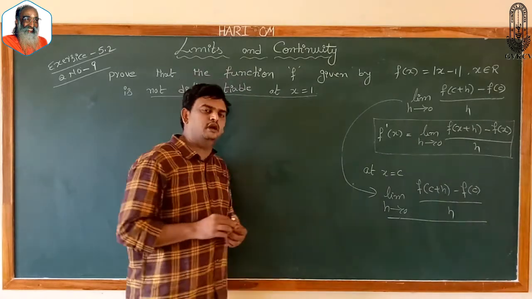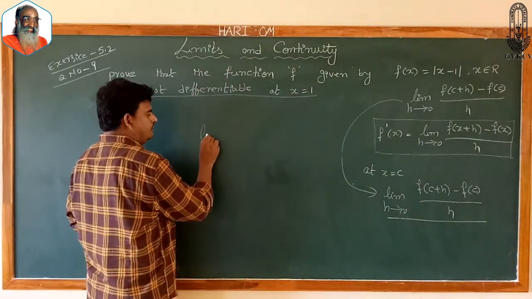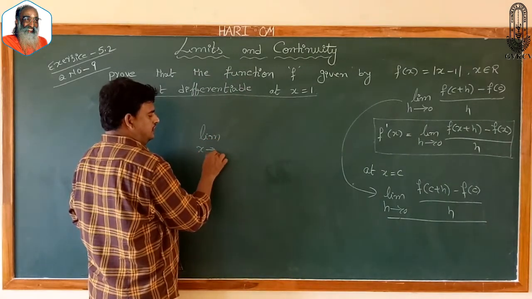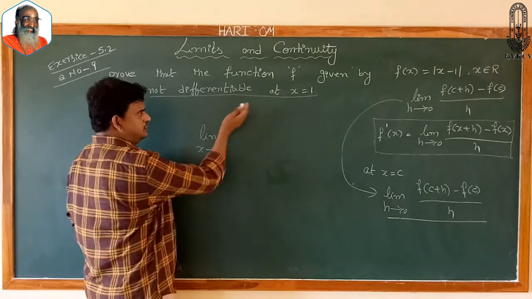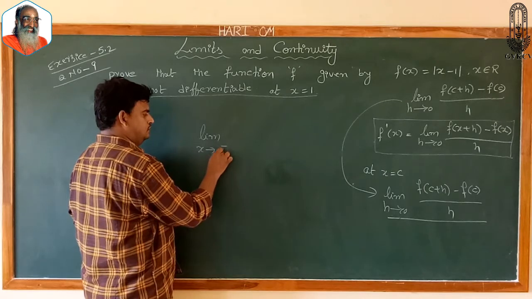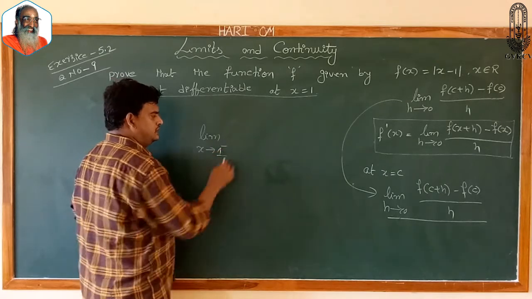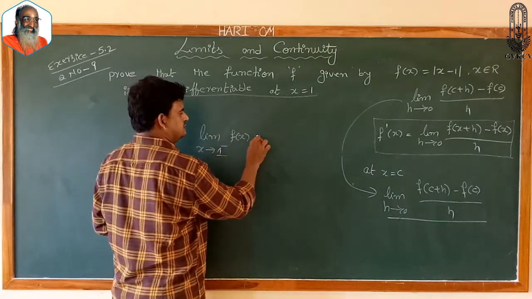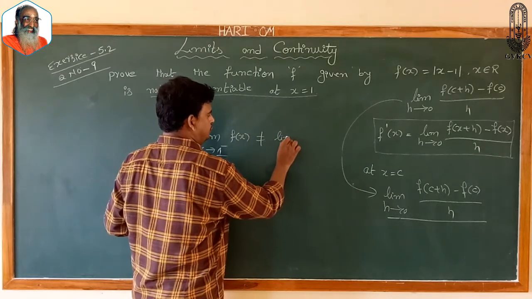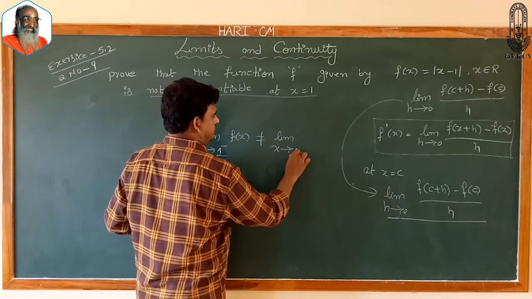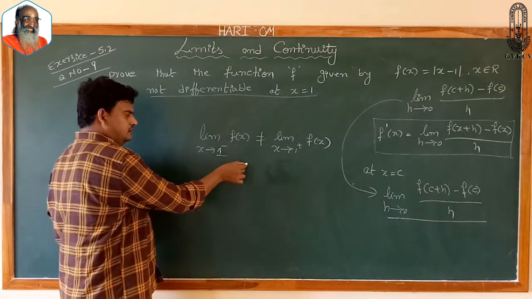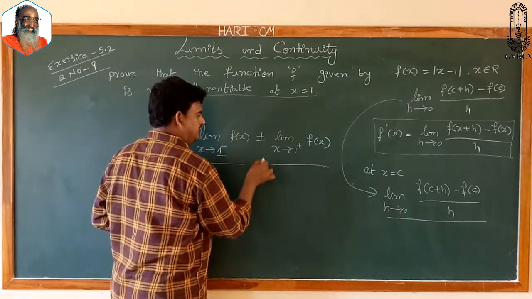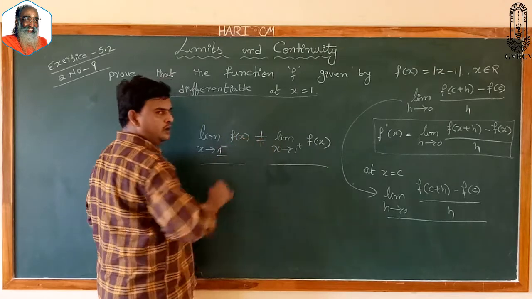Here we are talking about 1. The limit as x tends to 1 minus of f of x is not equal to the limit as x tends to 1 plus of f of x. That means the left hand limit and right hand limit are not equal.